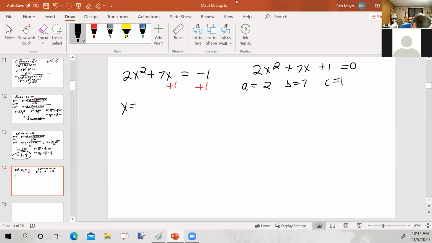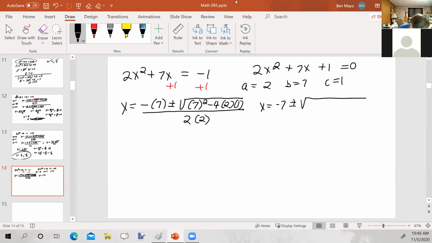So now we've got x equals -b plus or minus the square root of b squared minus 4ac all over 2a. x equals -7 plus or minus the square root of 49 minus 8 all over 4. x equals -7 plus or minus the square root of 41 all over 4.